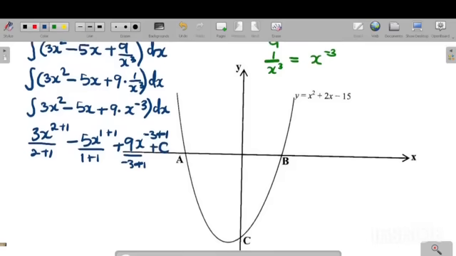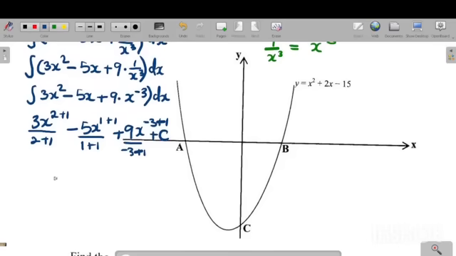All right, hope that's clear. Then we just have to simplify this.